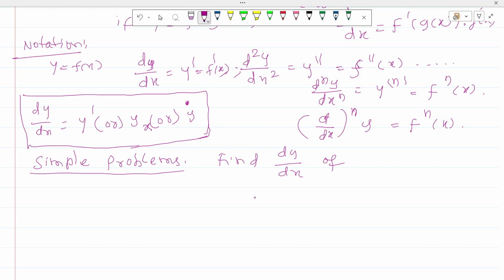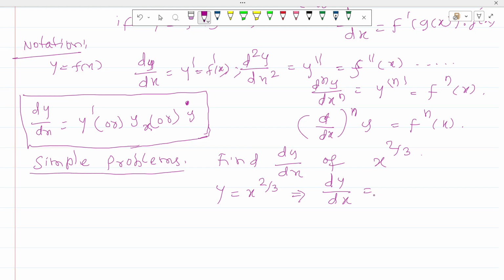Here one formula is given. This is only a different problem. If y equal to x power 2 by 3 is there, then how can you find dy by dx? I think this type of problem you can do very easily.